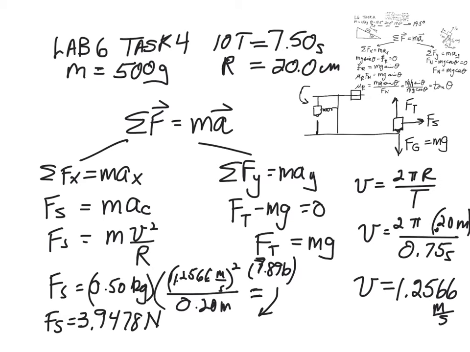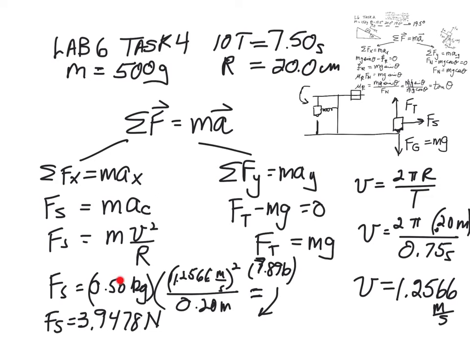That comes over here into the v. I square it and divide it by the radius, 0.2 meters, and I got 7.89896 something. That's the acceleration, but I don't really need to keep that.